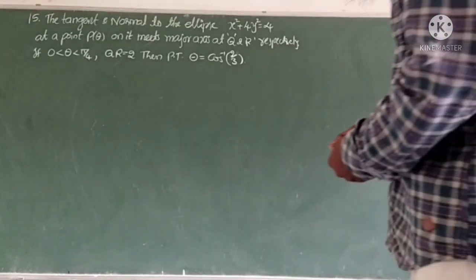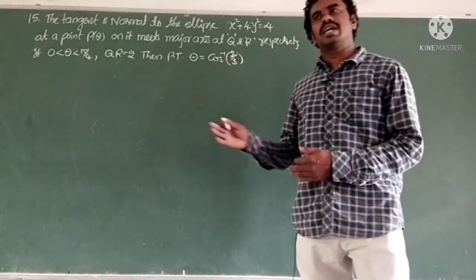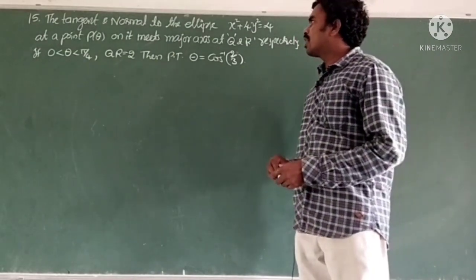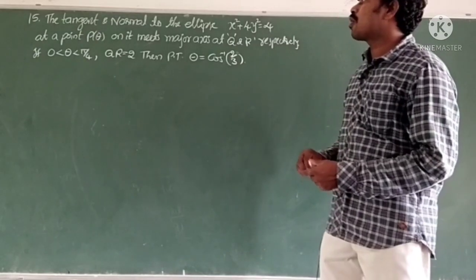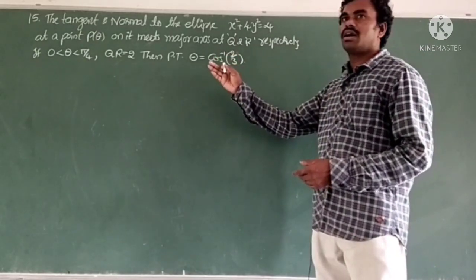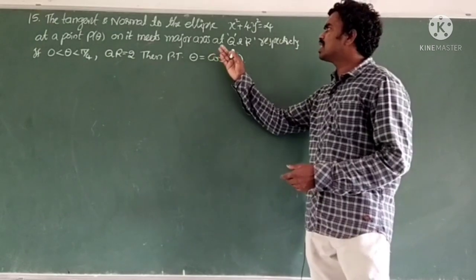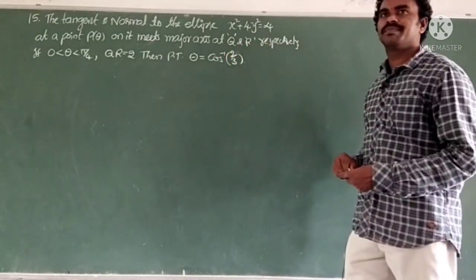Okay, 15th question, last one. So these are enough. The tangent and normal to the ellipse x square plus 4y square equal to 4 at a point P of theta on it meet the major axis at Q and R respectively.